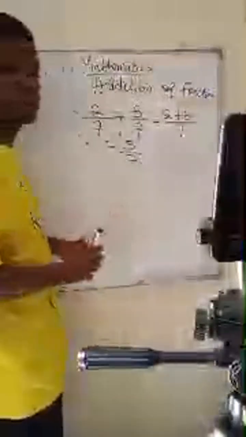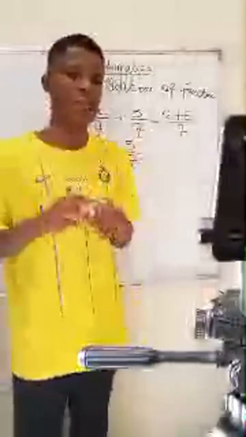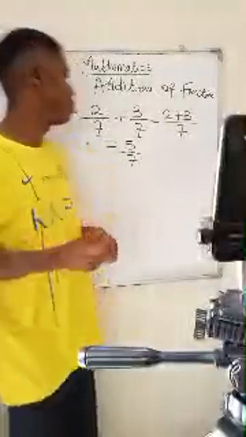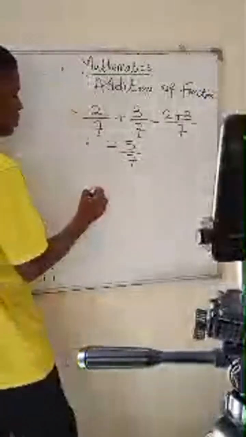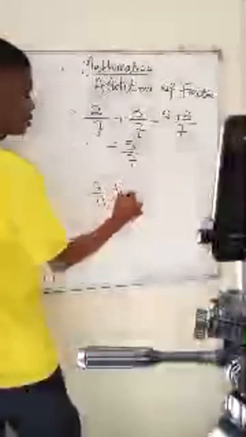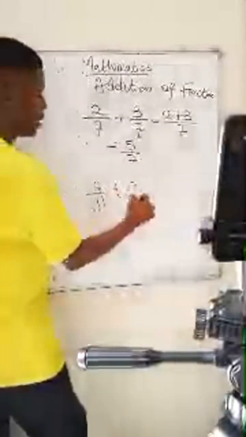So whenever you are adding two or more fractions together, just look at their denominators. Whenever their denominators are the same, all you need to do is add the numerators. Okay? Good. Let's take another example. Let's say we have 4 over 11 plus 5 over 11.